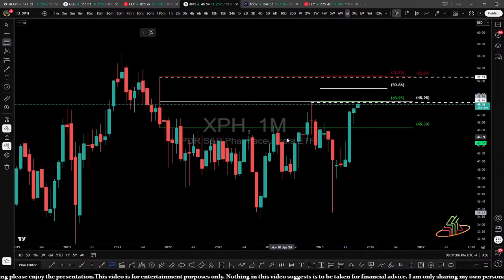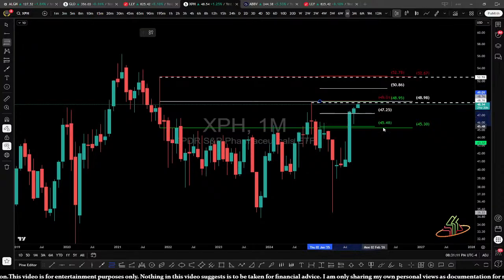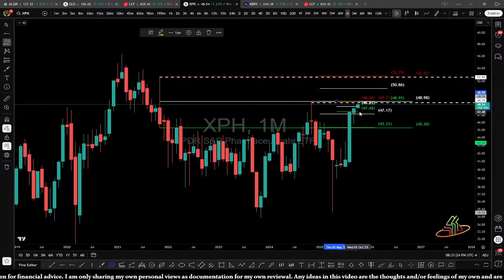So we also put the 50% down here to account for any possible pullback. And I wouldn't think that it's pulling back to $47, in my opinion. So then I would break it down to here.